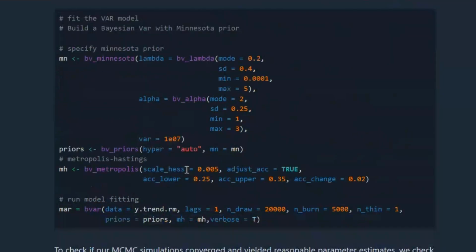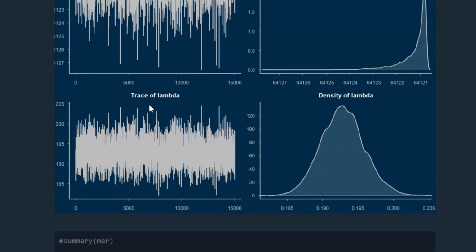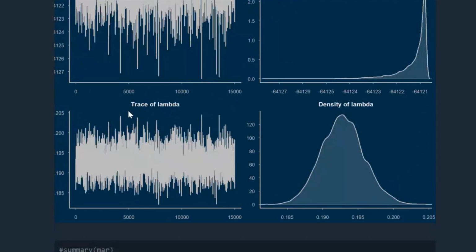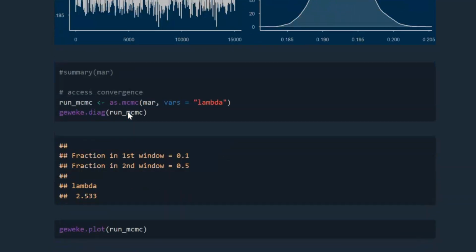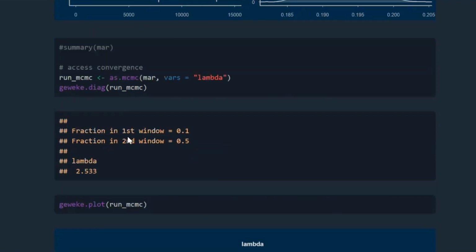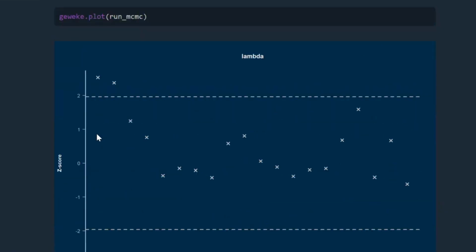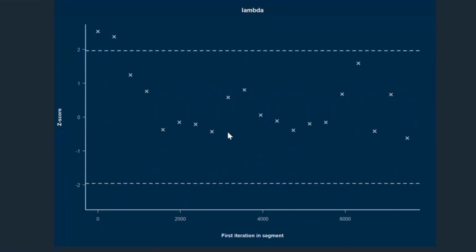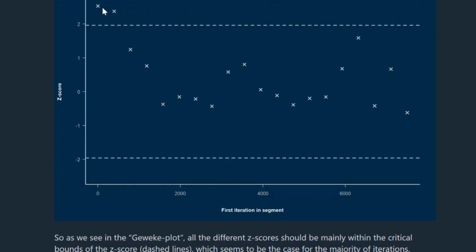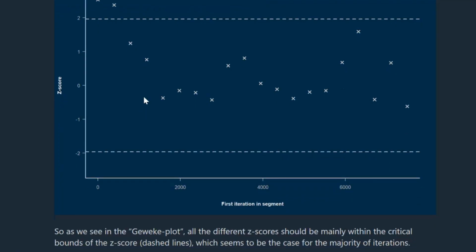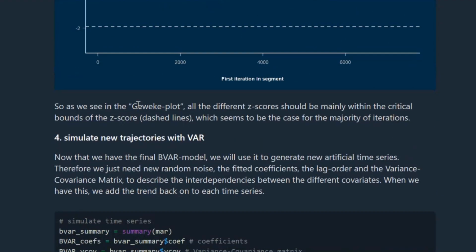So yeah, here we have run our BVAR, and now this is what comes out. This is a standard diagnostic of this package, and we can just check if our model converged with a Geweke plot, and all those points should be more or less within those bounds to show convergence. Those are outliers here, but I guess in general it looks quite okay, and the Z-score is also okay.